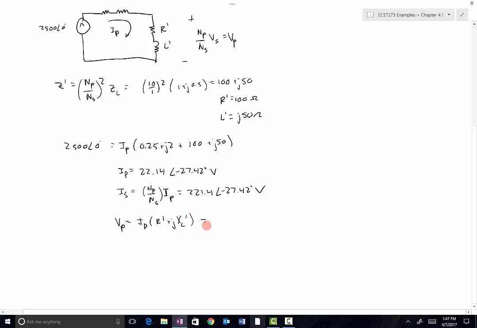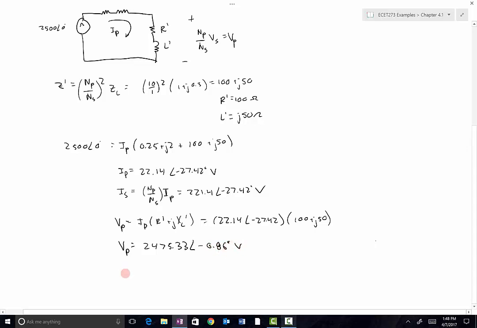So that's going to be equal to 22.14 at an angle of negative 27.42 degrees times 100 plus J50. That gives me a primary side voltage of 2,475.33 at an angle of negative 0.86 degrees volts.